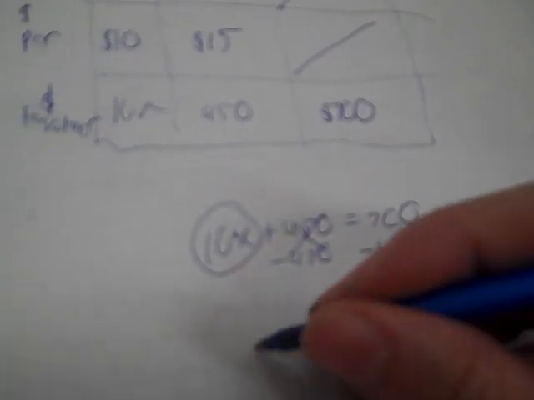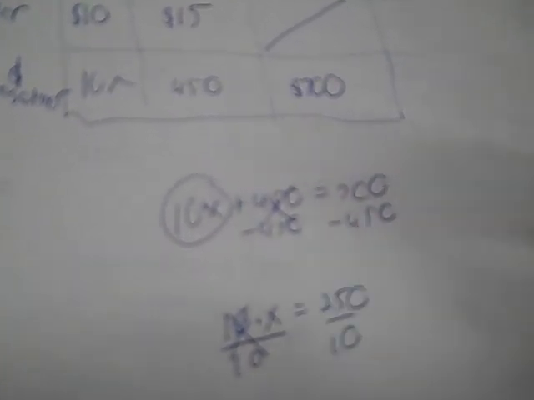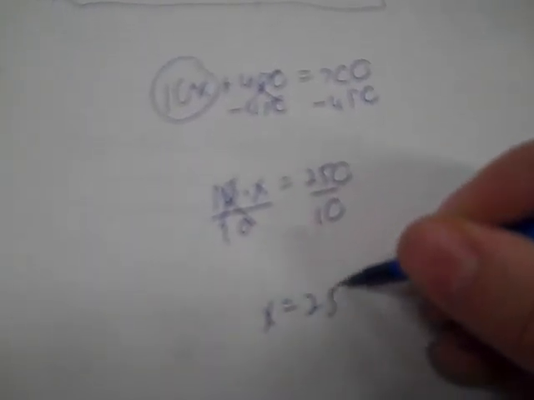So X is being multiplied by 10. I have to unadd 450. 700 minus 450 takes that side to 250. And then we divide both sides of the equation by 10, and X is 25. So 25 hours for that.